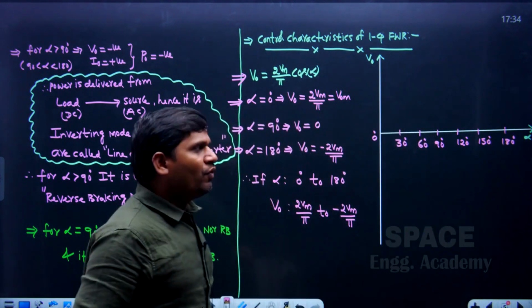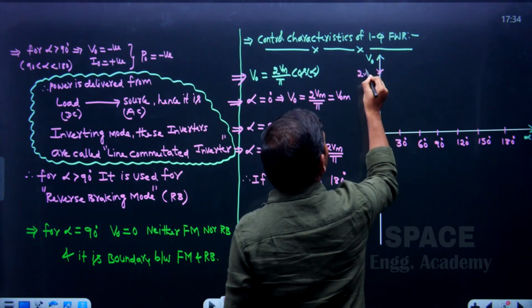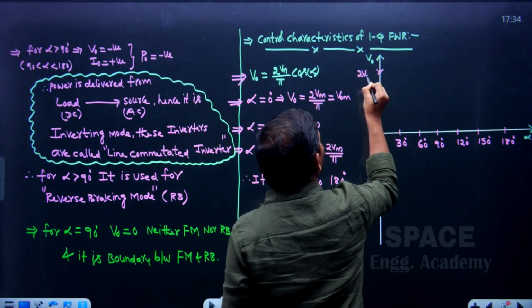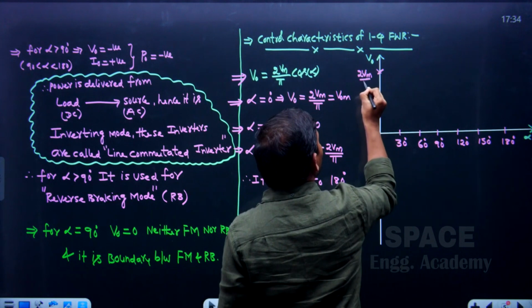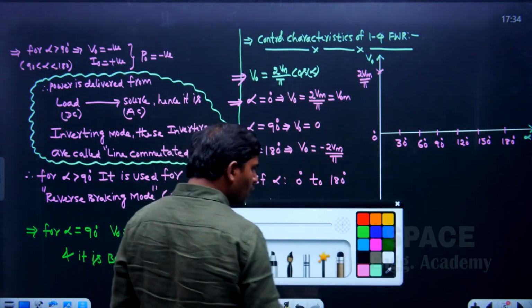For alpha equal to 0 degrees, it is 2 Vm by pi. Alpha equal to 90 degrees, it is 0.